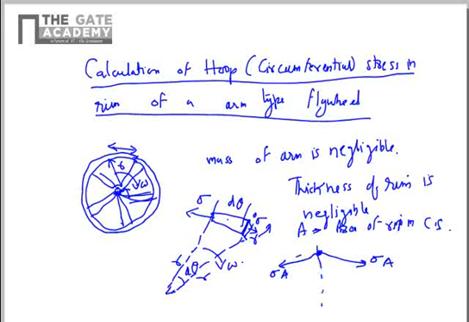From the center, this angle will be theta by 2, and this angle will be theta by 2. If you draw a center line, the stress acts at theta by 2 angle on each side, because for the total element the angle is theta.